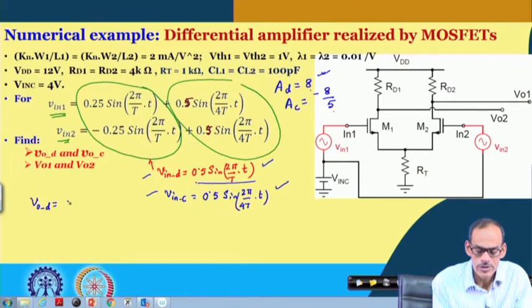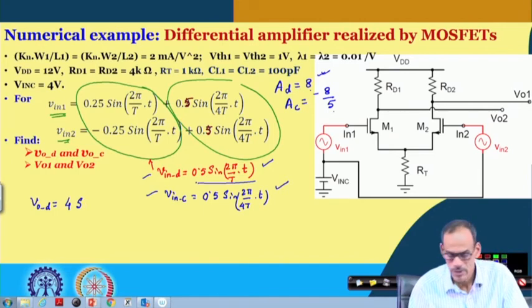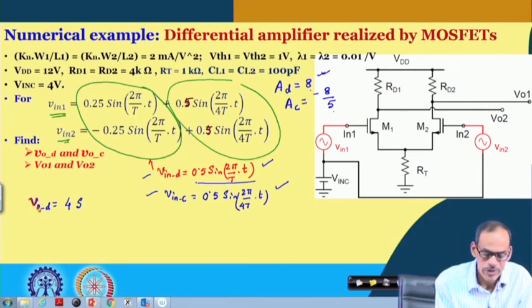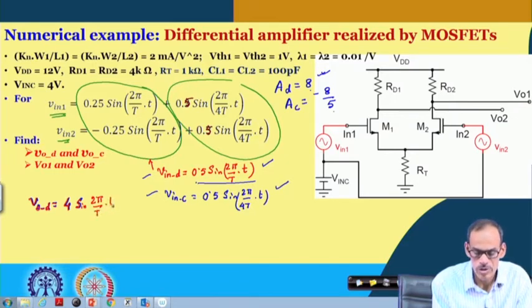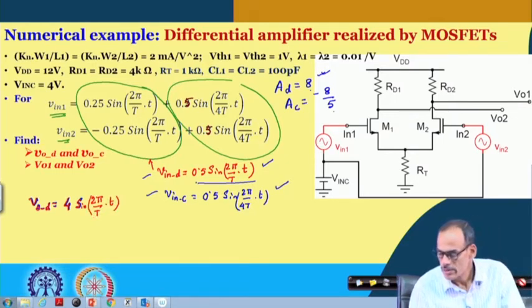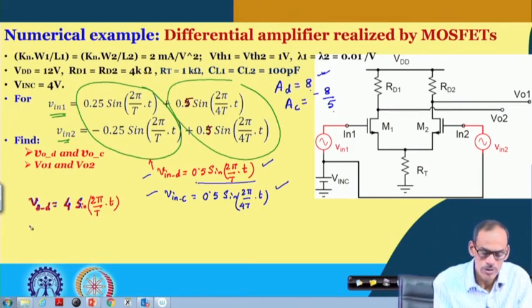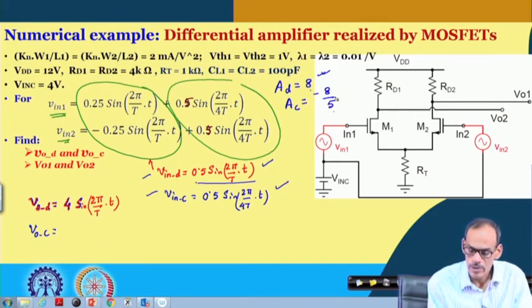So, that gives us 4 sin, let me use a different color for consistency, VOD equals 4 sin 2 pi by capital T into small t, and the common mode output VOC equals, now this 5 and this 5 get cancelled, we have 8 in the numerator.